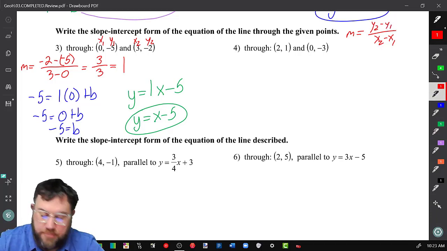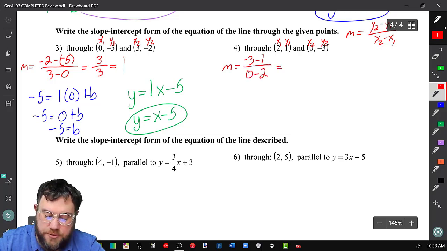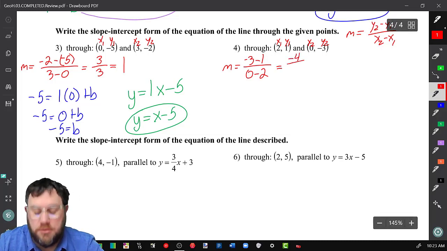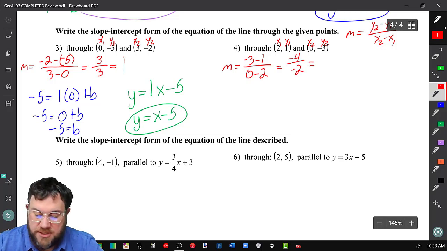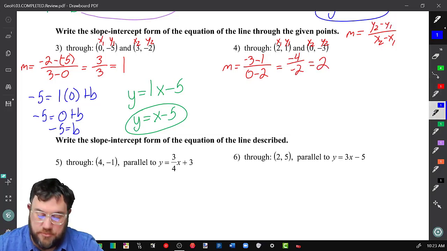Number 4, same process. x1, y1, x2, y2. So our slope is negative 3 minus 1 over 0 minus 2. Negative 3 minus 1 would give us negative 4. 0 minus 2 would give us negative 2. When we simplify that fraction, we will get positive 2. So that's our slope.